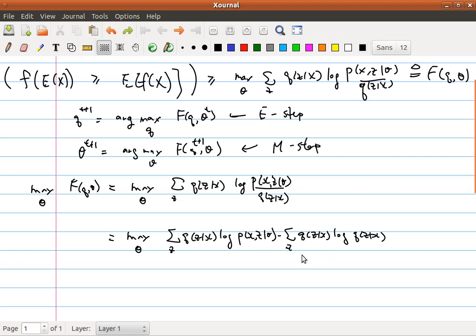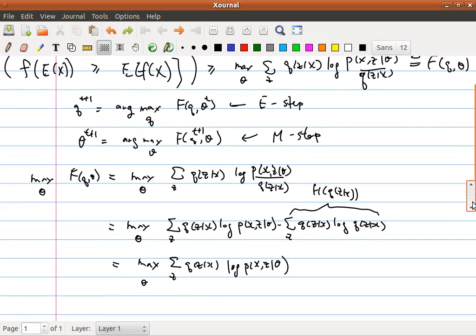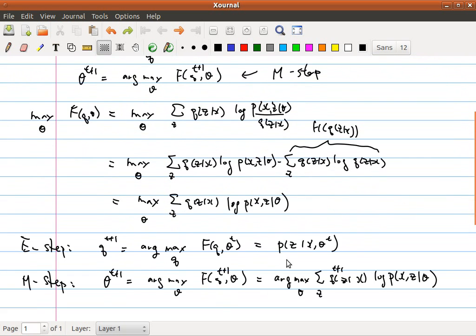Note that the second term is essentially just the entropy function of Q, and more importantly it has nothing to do with θ. So if we maximize with respect to θ, we can ignore the second term, and we only have this instead. That is our M step. To summarize, in the (t+1) iteration, Q_{t+1} is given by p(z given x, θ_t), and in the M step θ_{t+1} is given by this expression here.